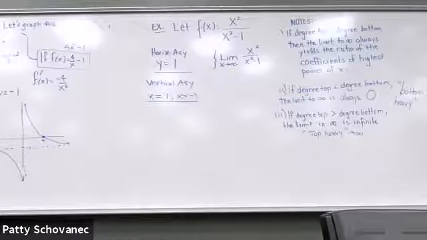Now let's look for all the stuff that the first derivative tells us. Let's take the first derivative and see if this thing has any relative max or mins and where it's increasing or decreasing.